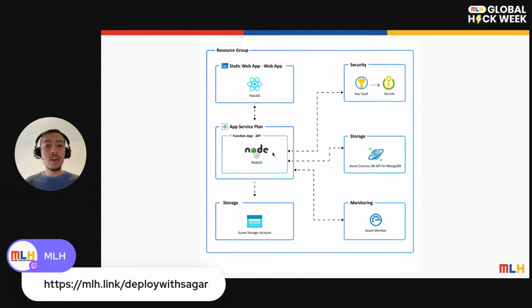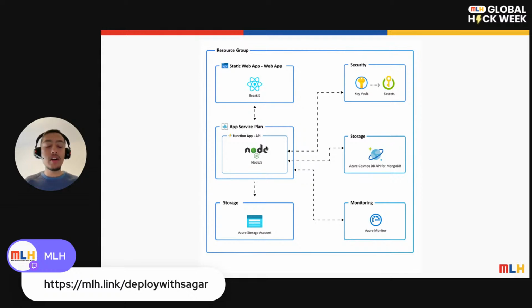And then we are going to use Node.js for the backend, but the Node.js will be deployed as a function app. And we are going to use the API management service. It's going to act like an API gateway. So between the front end and the backend, the API gateway will handle all the requests from the client to the backend, and the function app will take care of hosting the actual Node.js APIs.